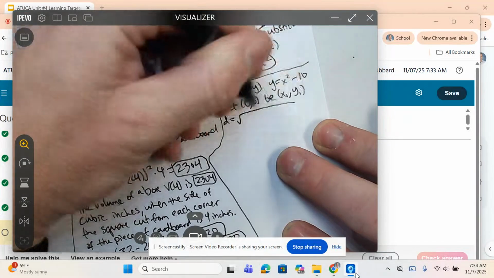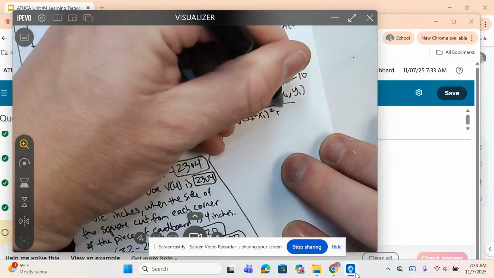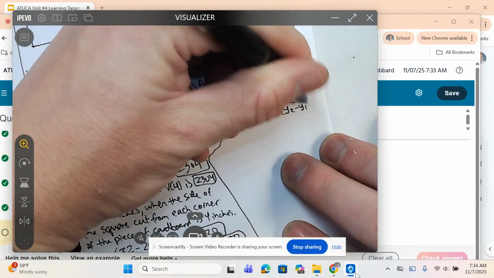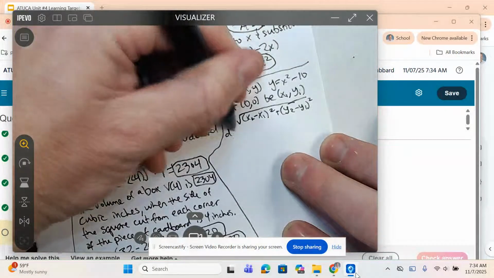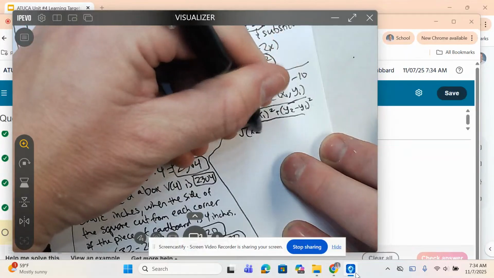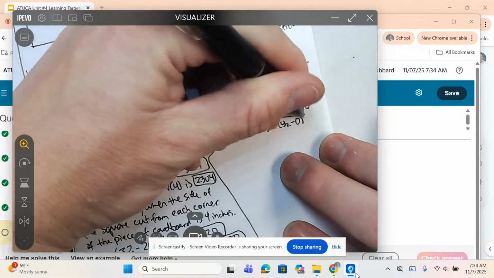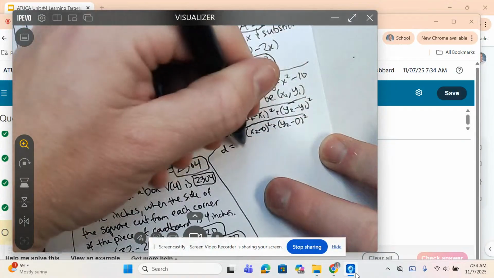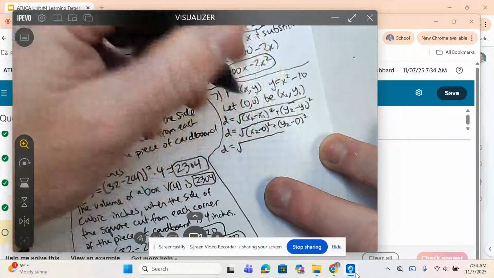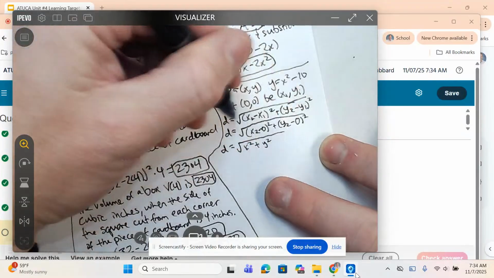The distance formula is the square root of (x2 minus x1) squared plus (y2 minus y1) squared. So the distance is going to be the square root of (x minus 0) squared plus (y minus 0) squared, so the square root of x squared plus y squared.